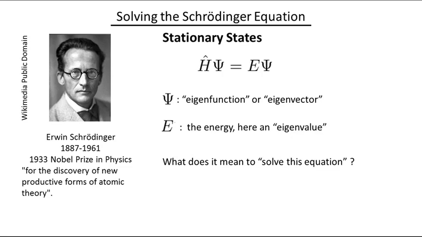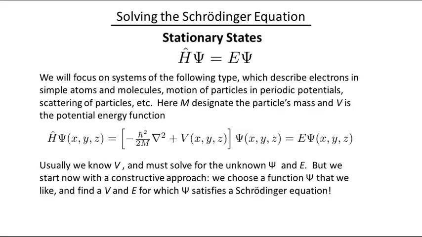So here is the time-independent version of the Schrodinger equation. The Hamiltonian operating on psi: psi is an eigenfunction of a Hamiltonian operator with eigenvalue E. And what does it mean to solve this equation?